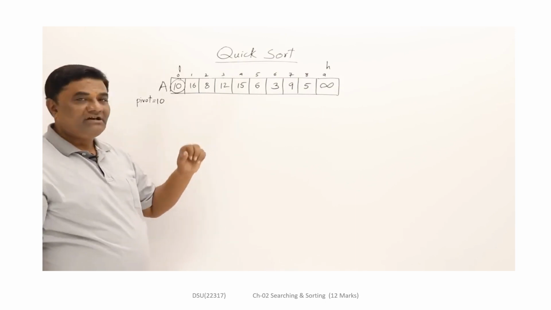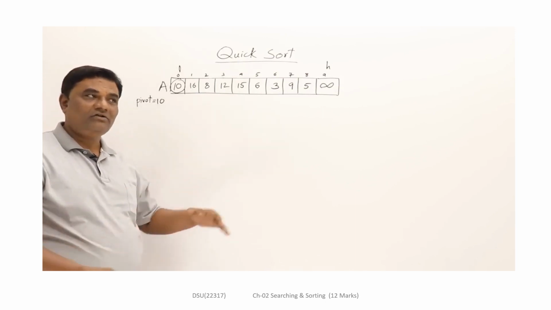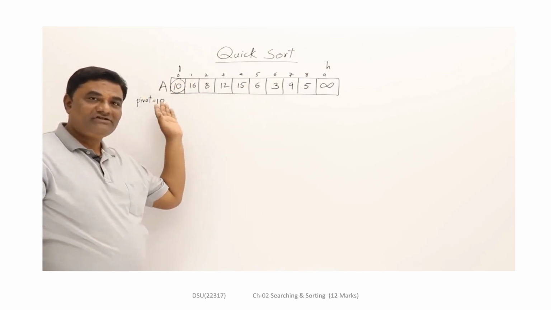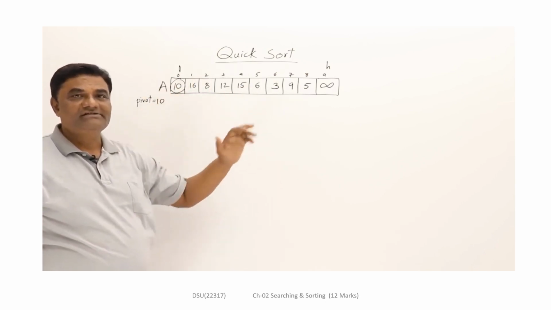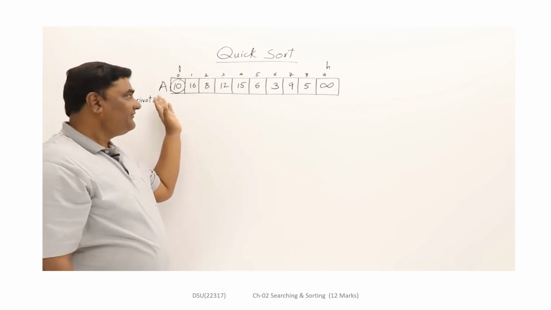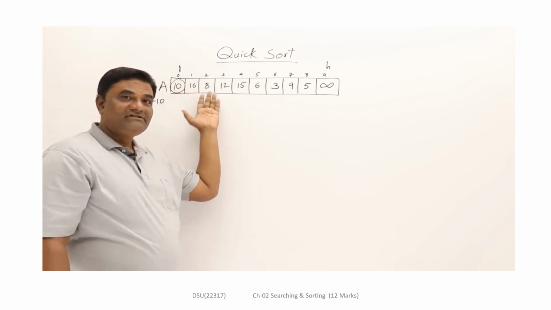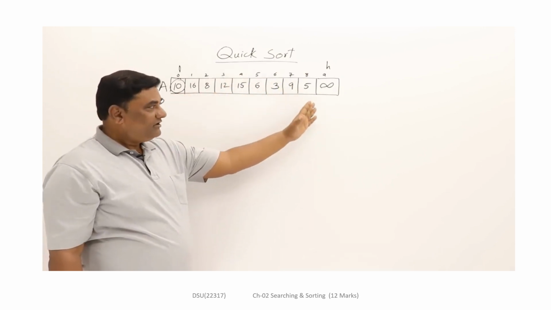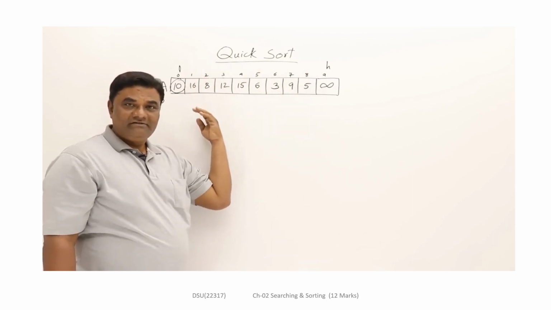Where should this 10 come? 10 should come at a place such that all the elements smaller than 10 are on the left side and all greater are on the right hand side. For that I should check if any greater number is on this side, I will send it to that side. If any smaller is on that side, I will bring it to this side.